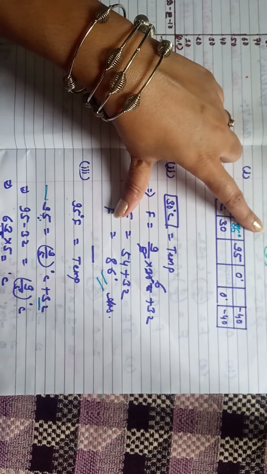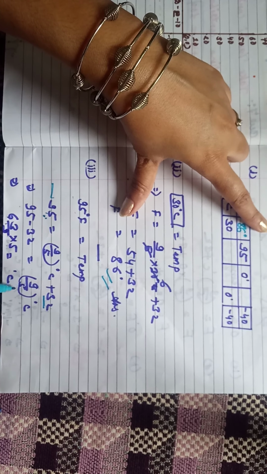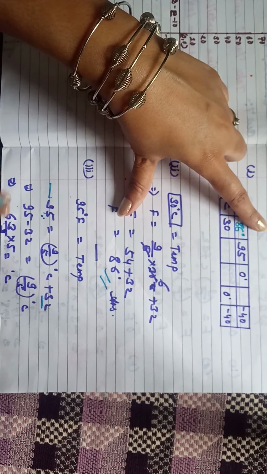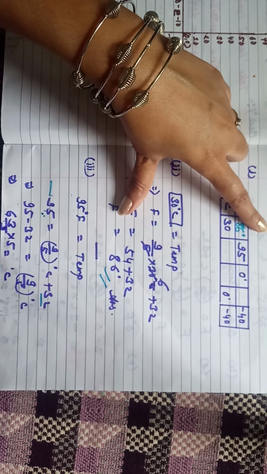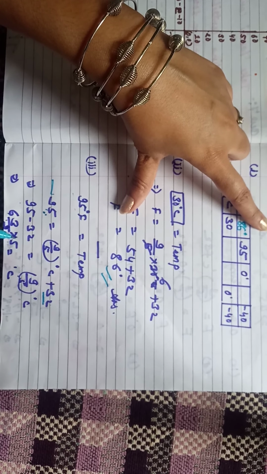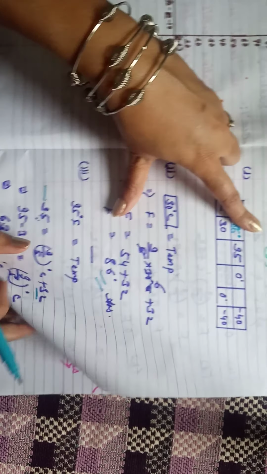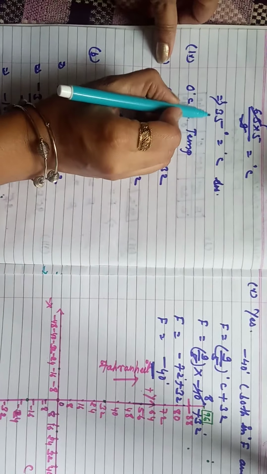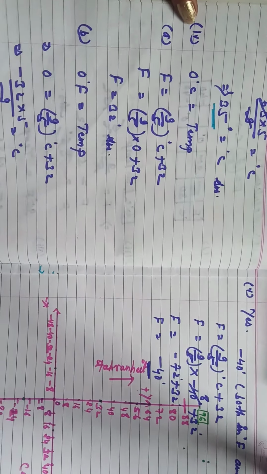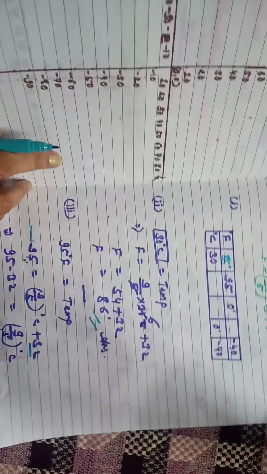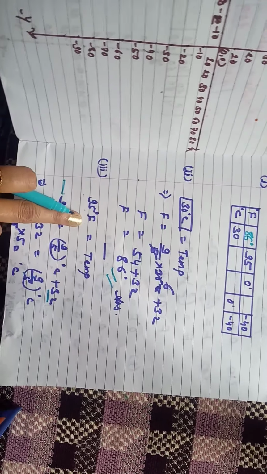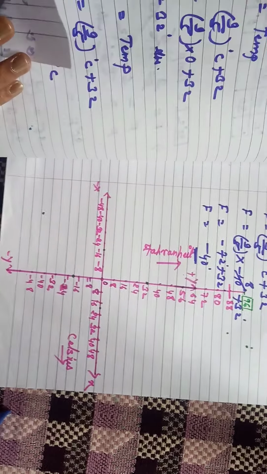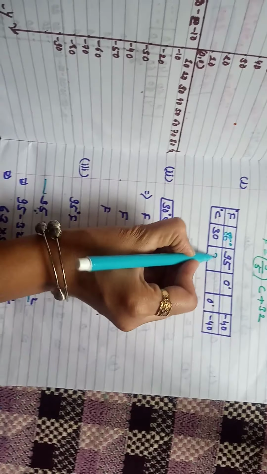So we will get 63, and I think you all know which type of value will be transposed from one side to the other: divide becomes multiply, and multiply becomes divide. After solving we will get 35 degrees Celsius. That means when the temperature is 95 degrees Fahrenheit, the Celsius value is 35 degrees.